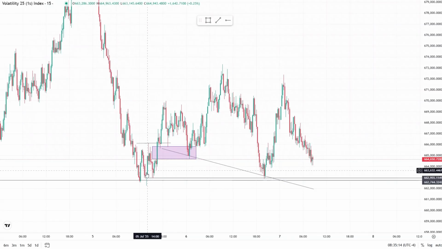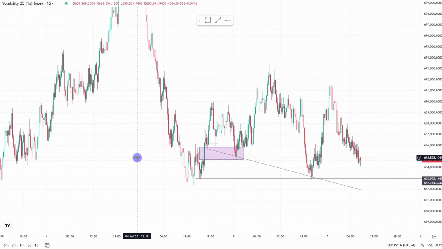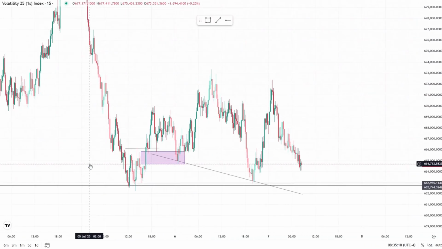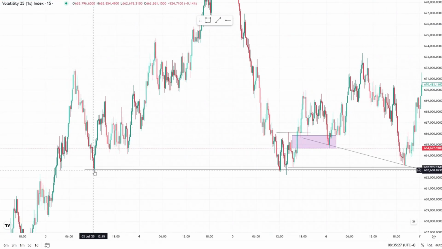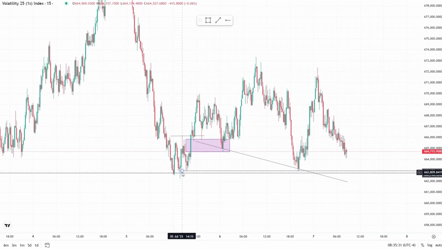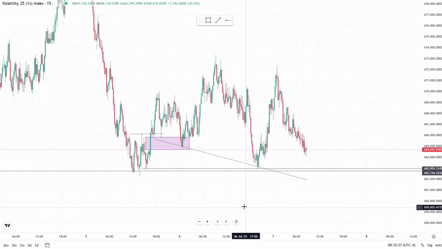We don't really know. For a person using a different strategy, maybe they know, but for us doing what we're doing, we don't really know what's going on here. We saw that price actually took out the liquidity down here, but we don't really know if it's trying to go higher after that or drop lower. We don't really know.